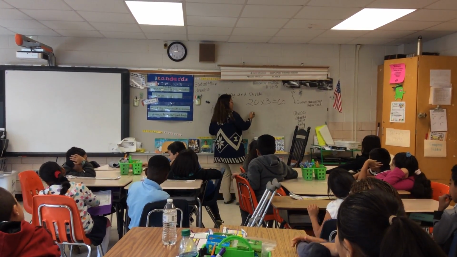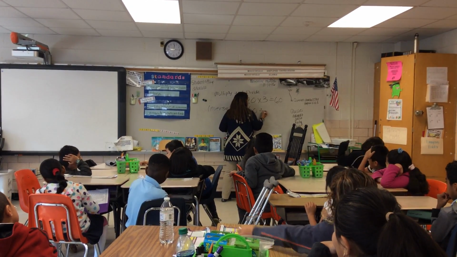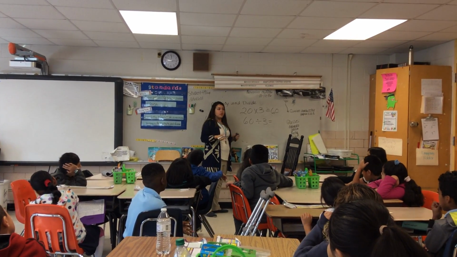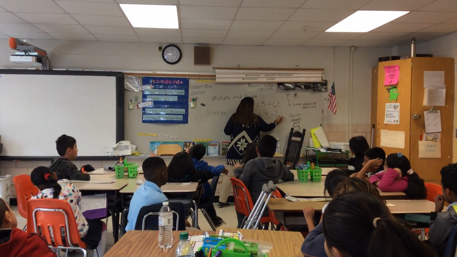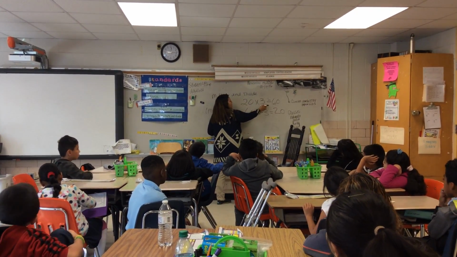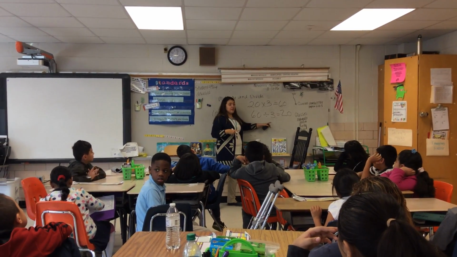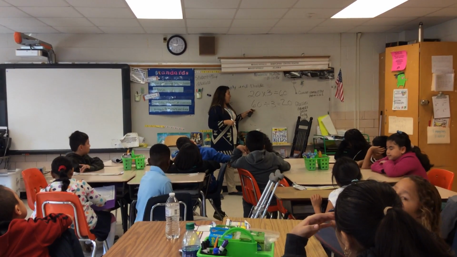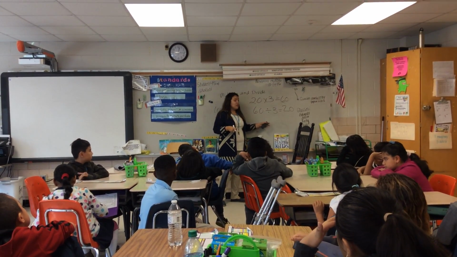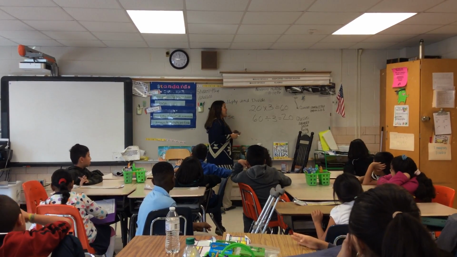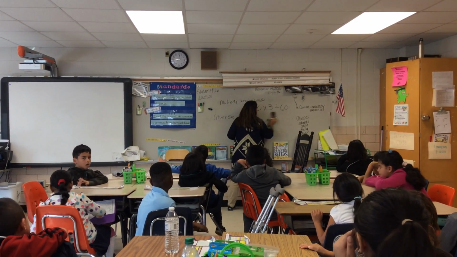I want to divide. 60 divided by 3 equals what? 20. Did I have to do anything? No, I already have these 3 numbers. All I have to do is put them in the correct place. Because if I have 60 Skittles, put them in 3 groups, I want to know how many Skittles each group has. Okay? So that's just the inverse operation.